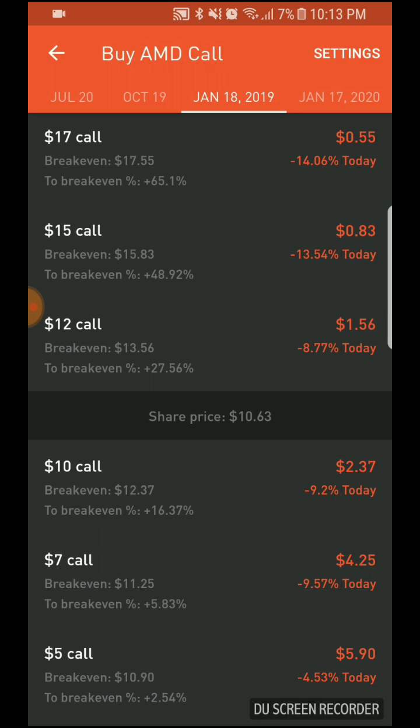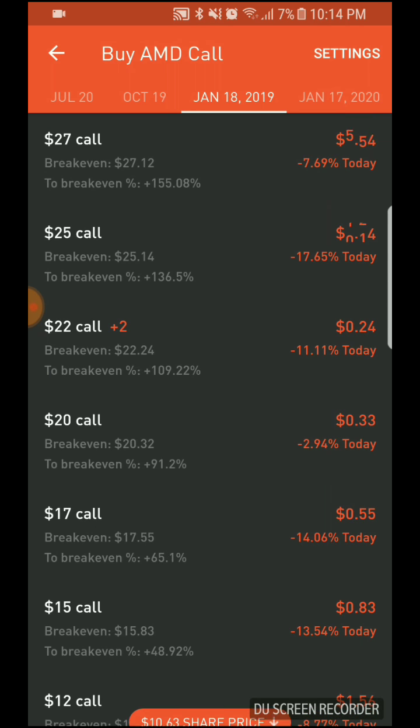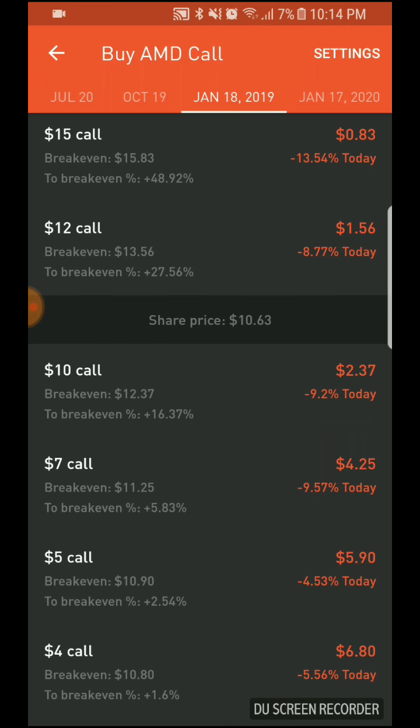So that's the basics of a call option. I'm just going to scroll around here and let you see the difference between the price and the date. As you can see here, the $12 strike is worth $1.56 for each share, which, like I explained before, you have to multiply by 100 because each contract is 100 shares.